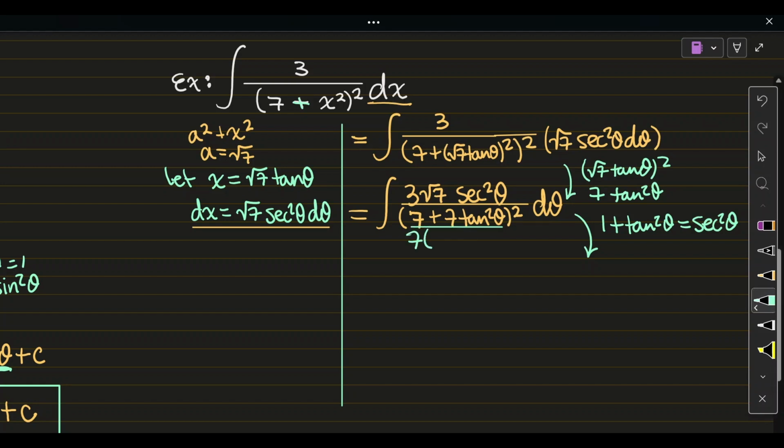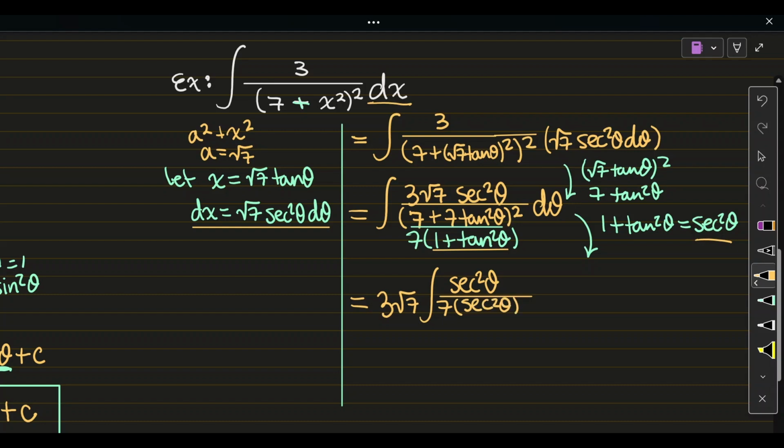So I'll pull out this 7 right here. So working on this denominator here, I have 1 plus tan squared theta. So I can rewrite my integrand as the integral of, I'll go ahead and pull this 3 square roots of 7 out. So I have 3 square root 7 times the integral of secant squared theta over 7 times, remember 1 plus tangent squared is secant squared theta squared, right, because everything was being squared, and then d theta.